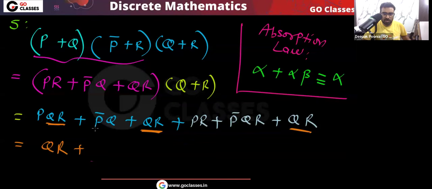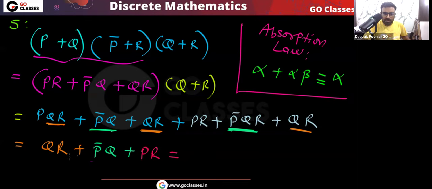Notice P bar Q and P bar QR. Let's call P bar Q alpha. Then it is alpha or alpha R, so alpha or alpha beta is alpha. So from here it will become P bar Q, or what else is there, PR.